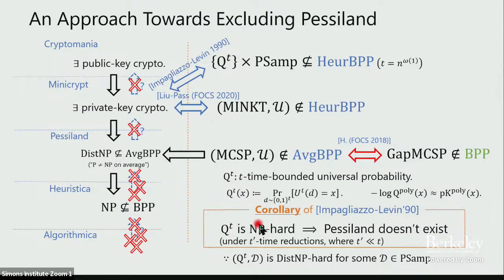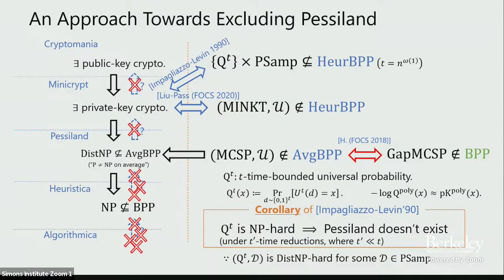NP-hardness is a notion defined by using worst case complexity, but if it's NP-hard under efficient reduction, here we require that the running time of the reduction is much smaller than t, where t is the time bound of Qt. Then by using this reduction, we can induce some distribution over instances on which Qt is distributional NP-hard. So we can get some hard distribution such that Qt is distributional NP-complete.